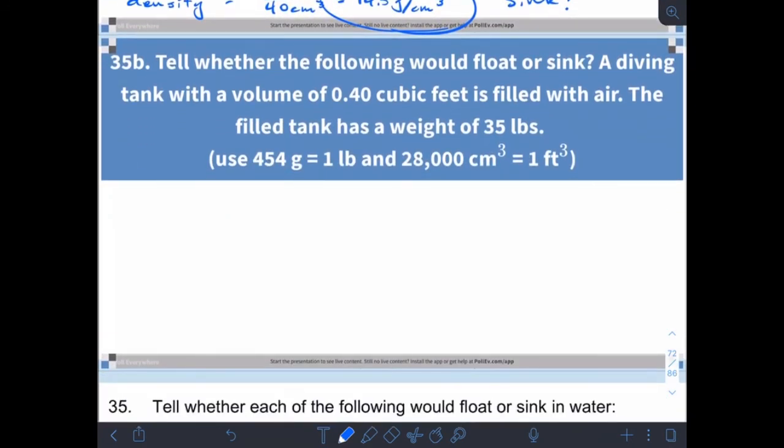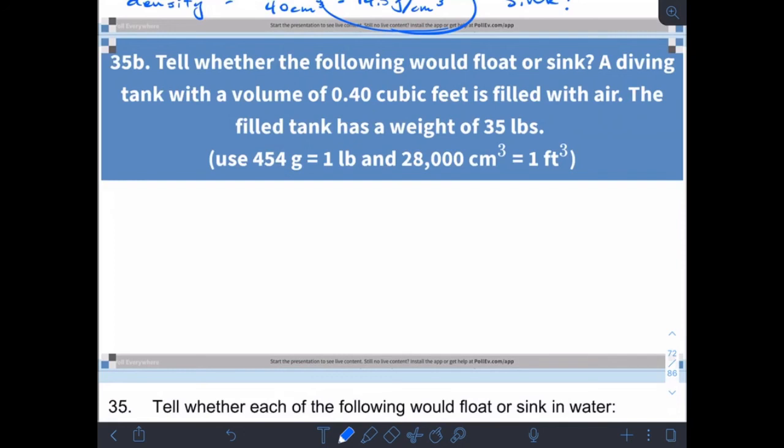So 35B here, tell whether the following would float or sink. A diving tank with a volume of 0.4 cubic feet is filled with air. The filled tank weighs 35 pounds. So we need to figure out whether this thing has a density that is greater than water.